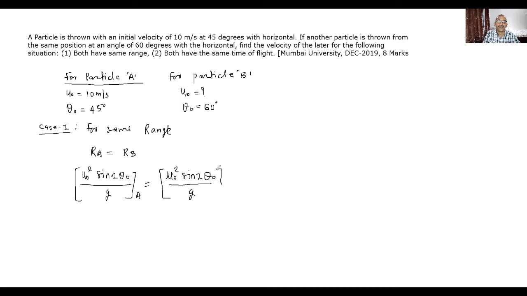For particle A, u0 is given, theta 0 is given. For particle B, theta 0 is given, but u0 is unknown. Therefore, you can cancel the common term, that is g.